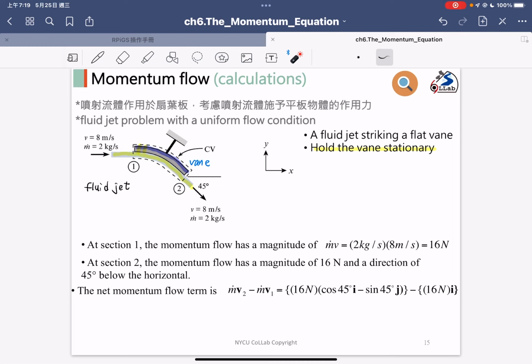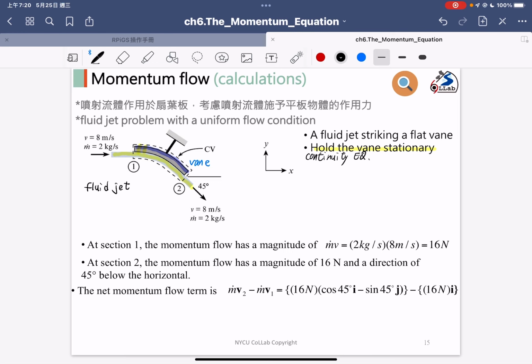Whether inflow or outflow, the velocity and the mass flow are the same. So I first introduce why they are the same, because we have the continuity equation, right?